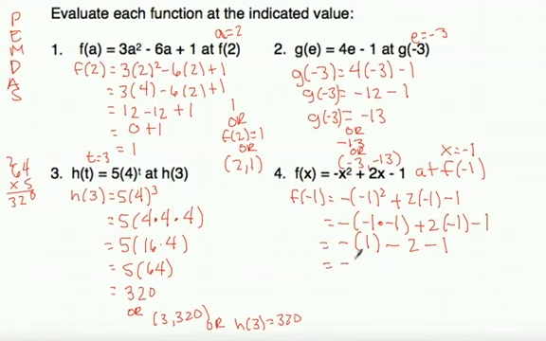This would make negative 1 minus 2 minus 1. Go left to right, so negative 1 minus 2 is negative 3, minus 1, which gives me negative 4. So I could see my answer as negative 4, or you might see it as f of negative 1 equals negative 4, or you also could see it written as a coordinate, negative 1, negative 4.